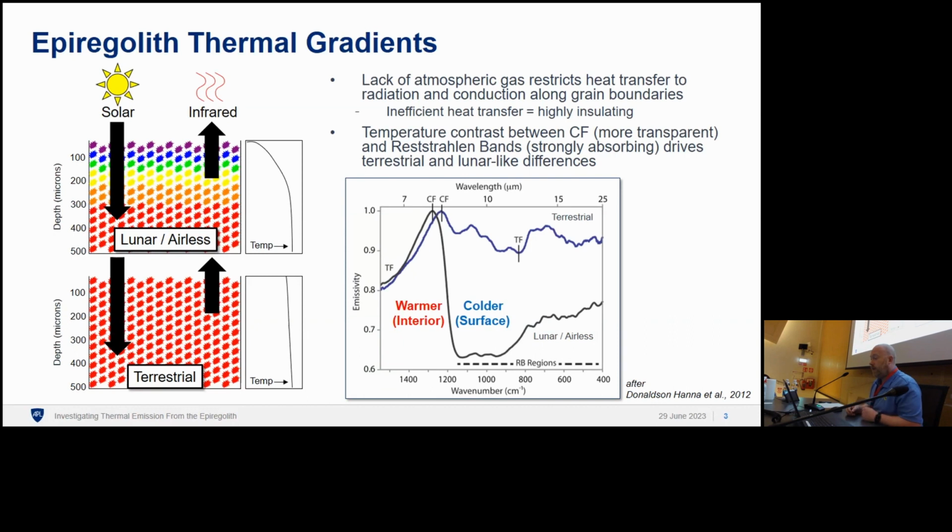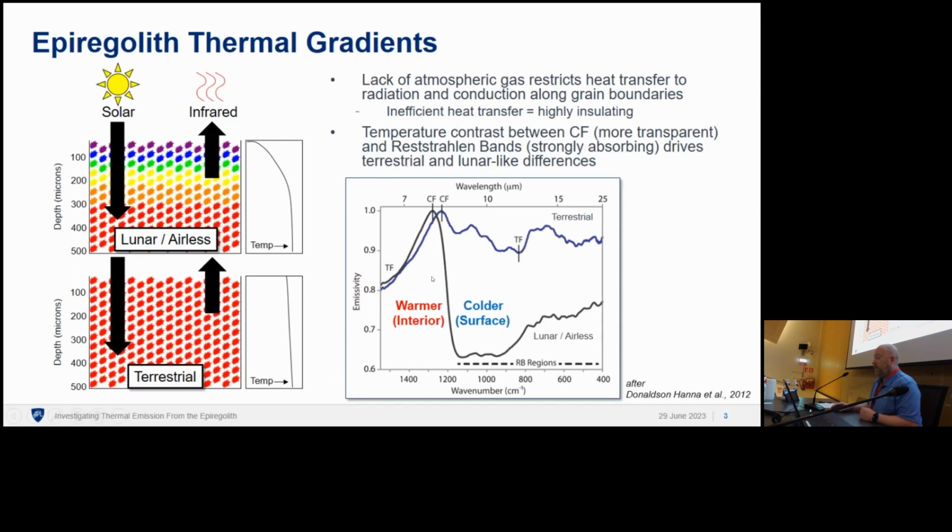The plot on the right shows what the same material looks like with the same preparation in 2 different environments. The blue is the terrestrial environment, which looks very much like the inverse of a reflectance measurement. The black curve is the sample in a simulated lunar environment. Because of this thermal gradient, you see a much colder surface in the strongly absorbing vibrational bands, the Reststrahlen bands, and you're seeing deeper into the surface when you look at the Christiansen feature, which is relatively transparent.